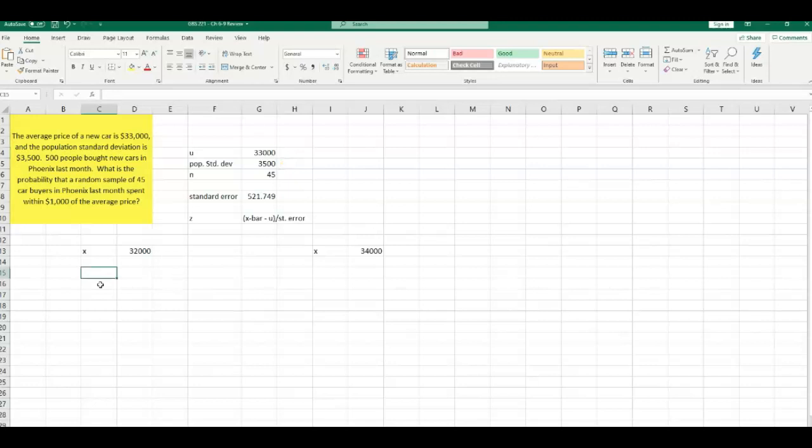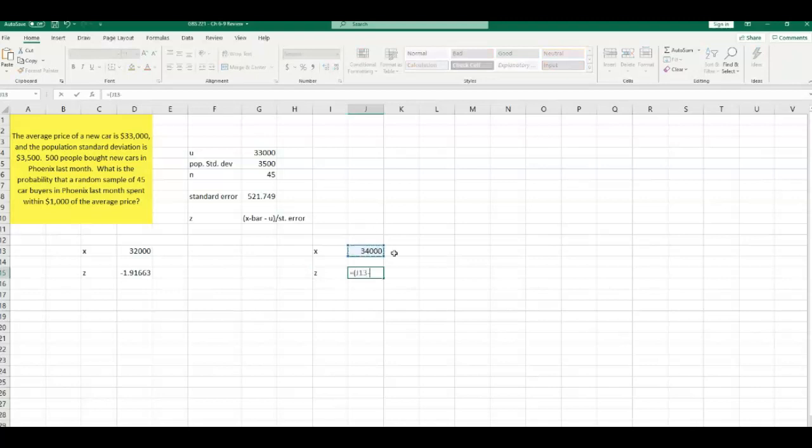We're going to want to figure out our z-scores for each of these. So we said that our z-scores will be these X bar amounts minus our means divided by our standard error. So we find that for the 32,000, and then we do the same thing over here for the 34,000.